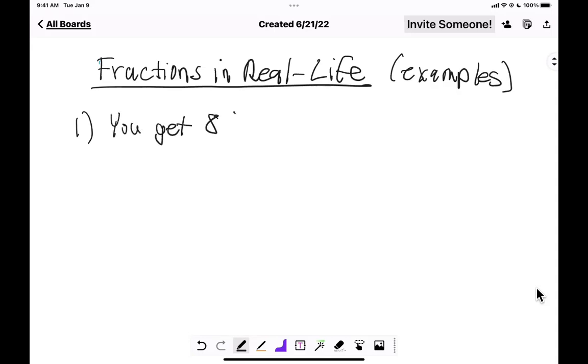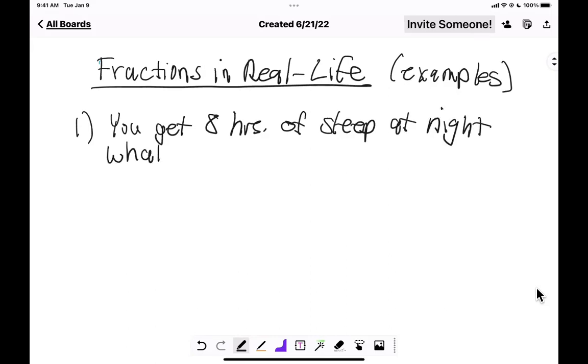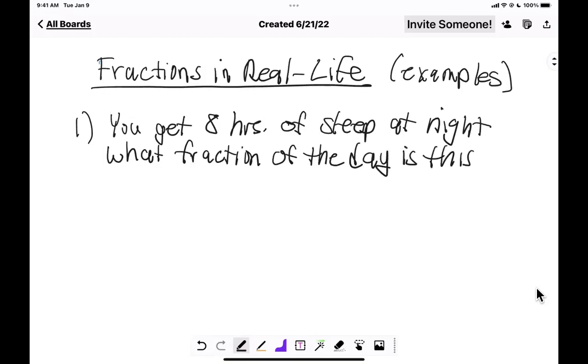You get 8 hours of sleep at night. What fraction of the day is this? Yes, it's a fraction. There are 24 hours in a day. You sleep 8 hours a night, 8 out of 24 hours.